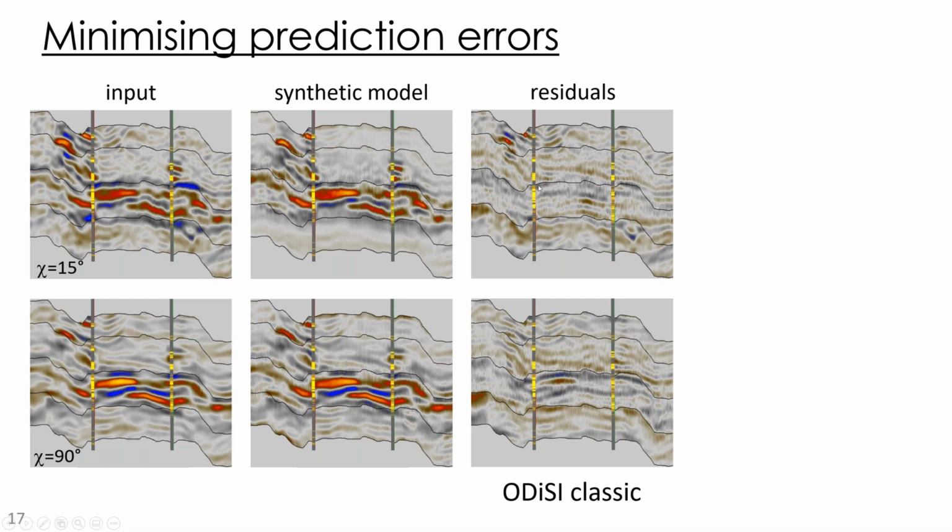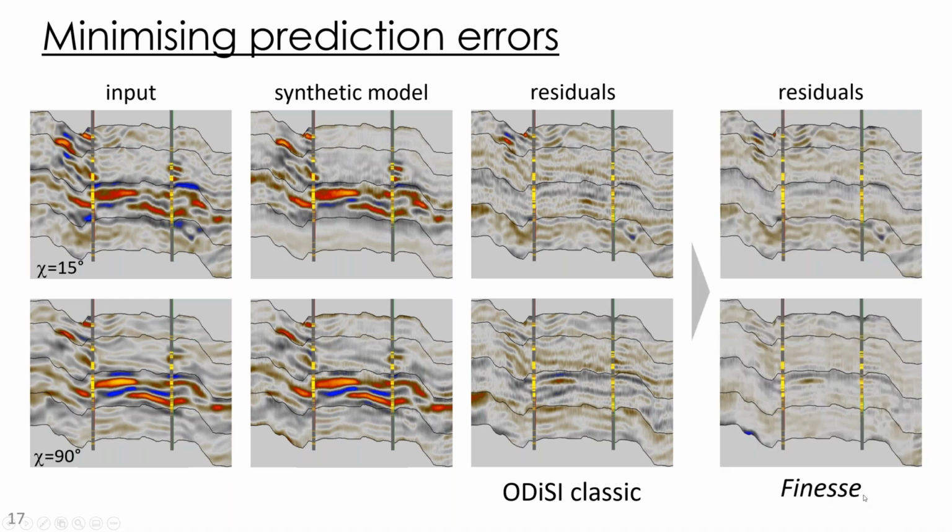Certainly the chi-15 residuals are not bad. The chi-90 is maybe a little bit higher, but it's tough getting the residuals simultaneously down for both. But after Finesse, you can see we've managed to drive down the energy of the residuals quite a bit more. Remember, the whole objective we're trying to set is to minimize prediction errors, and that's what we're doing.